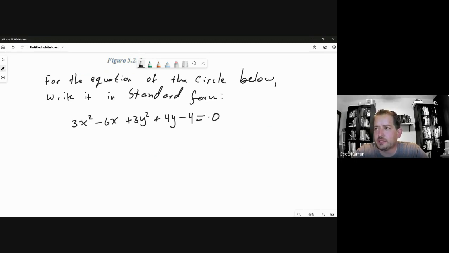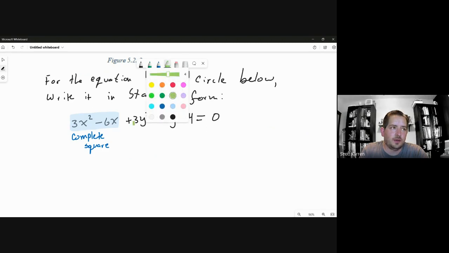And we'll see that when we start playing with ellipses and parabolas and hyperbolas, it's much nicer to see things in standard form. So what I'm going to have to do is take my x terms, these guys right here, and complete the square. And if you haven't guessed it already, guess what I'm going to have to do with my y terms?